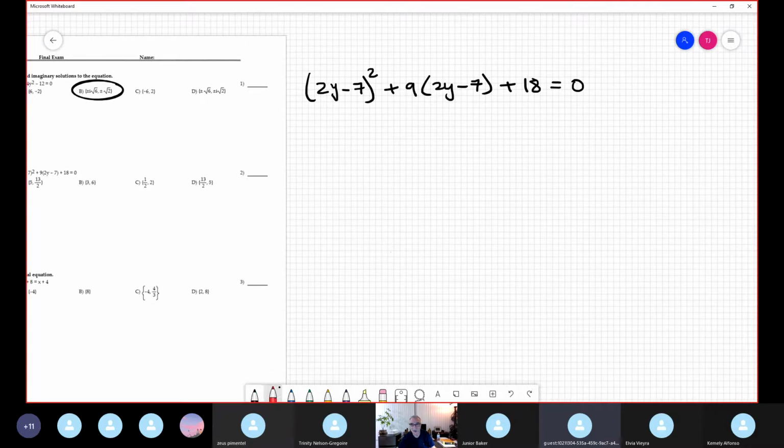One more time, you see u is equal to 2y minus 7, because 2y minus 7 is repeated here and here, with degree 1 and degree 2. So, typical quadratic form. Now you rewrite: 0 is equal to 18 plus 9u plus u squared. This is my new equation, which is possible again by factorization, no?